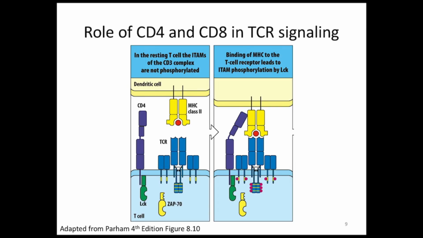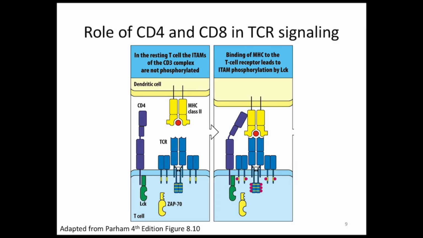If, however, MHC class II comes around, they both bind MHC class II. So the things that were before on opposite parts of the cell are going to get pulled next to each other. CD4 is going to be binding to this back part of MHC class II. T cell receptor is going to be binding to this part with the MHC plus peptide.